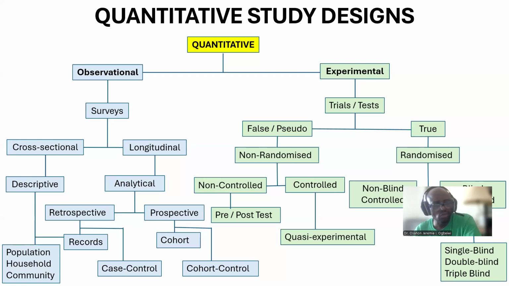What researchers call purposive sampling, or convenience sampling, where you have a set of inclusion criteria, and based on these inclusion criteria, you select into the intervention group and the control group.